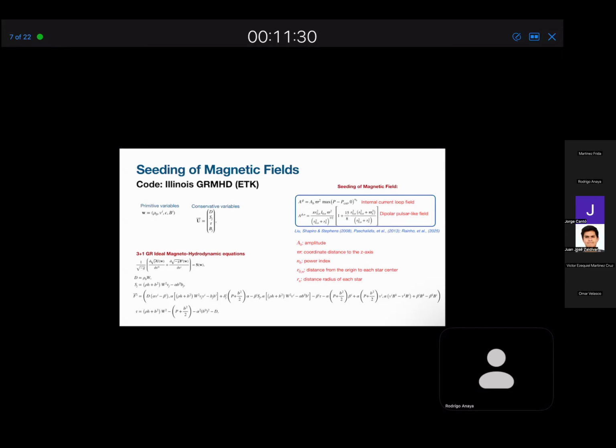And of course, we have the most renowned case for pulsars, that is the dipolar-like field.